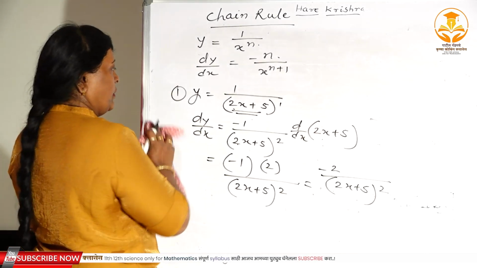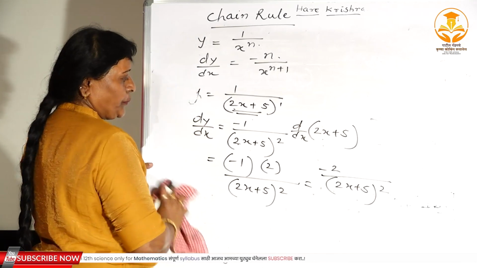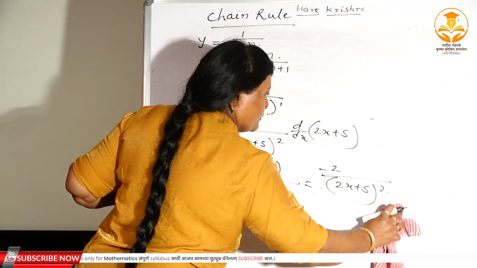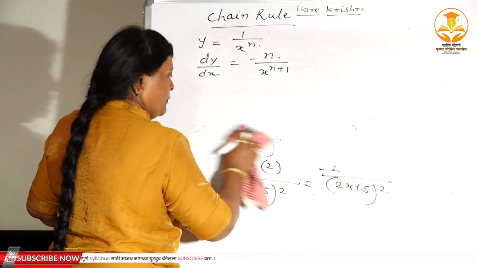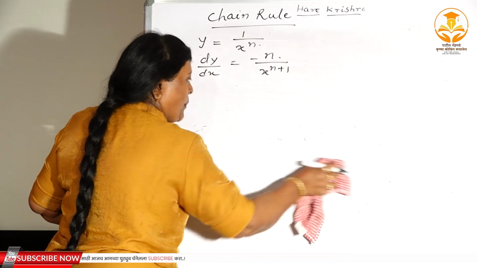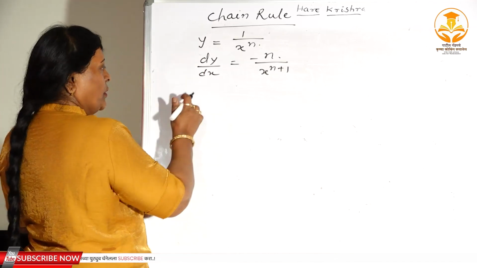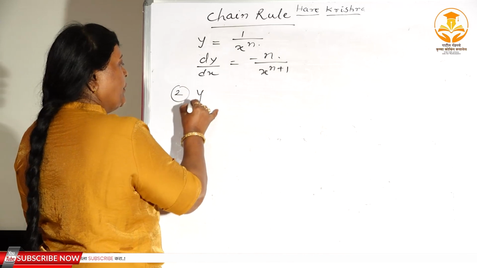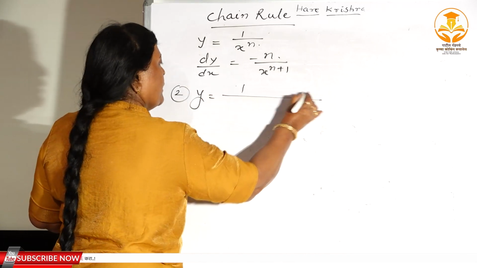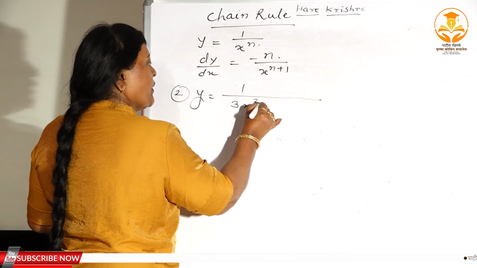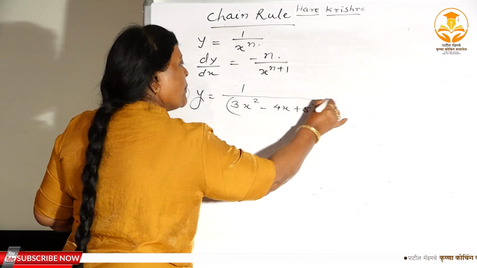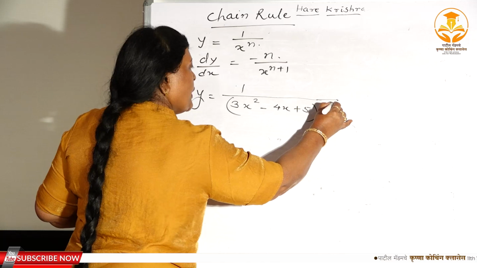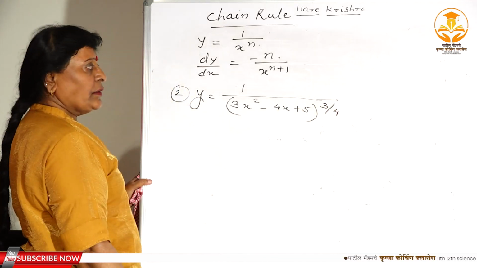Again I will take another one. Simultaneously you can also write the problem and do it yourself. See here again 3x square minus 4x plus 5 whole to the power 3 by 4, right?